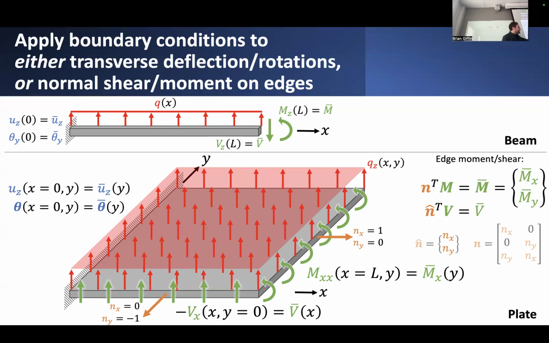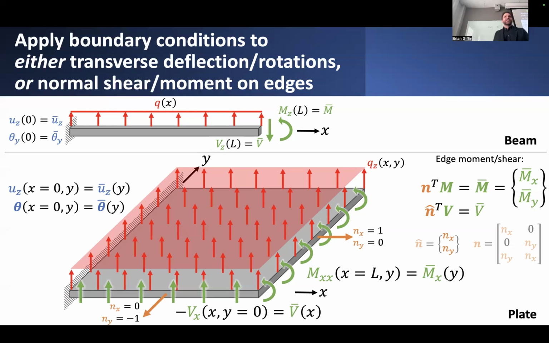Are we constraining rotation of individual fibers? And these fibers could rotate this way, they could rotate that way. Or are we specifying things like, are we saying what the transverse load is per unit width along this edge? Or maybe we're saying what the distributed moment per unit of width is along some other edge.